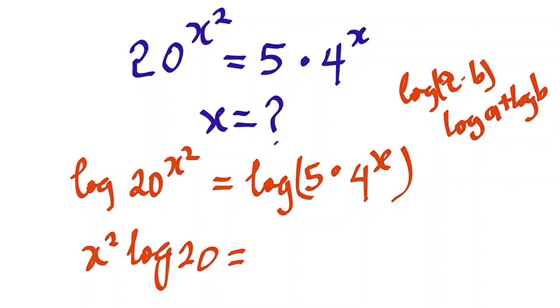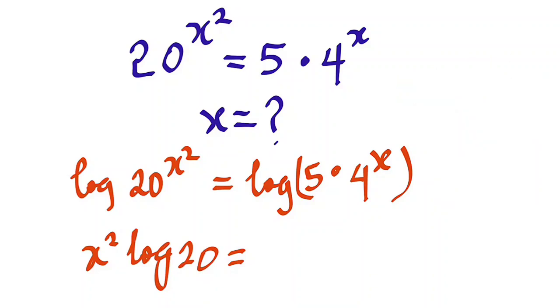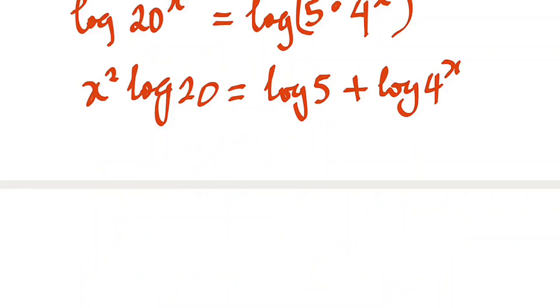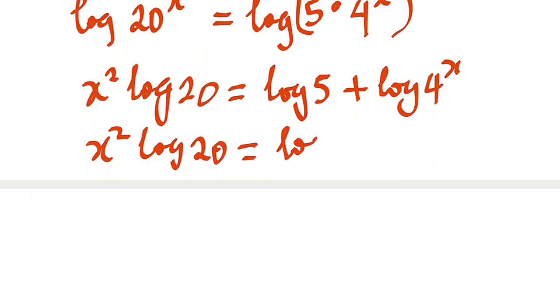Let's move on. So this is going to be log 5 plus log 4 to the power of x. So we're going to have x squared log 20 equals log 5 plus x log 4. Are you following?